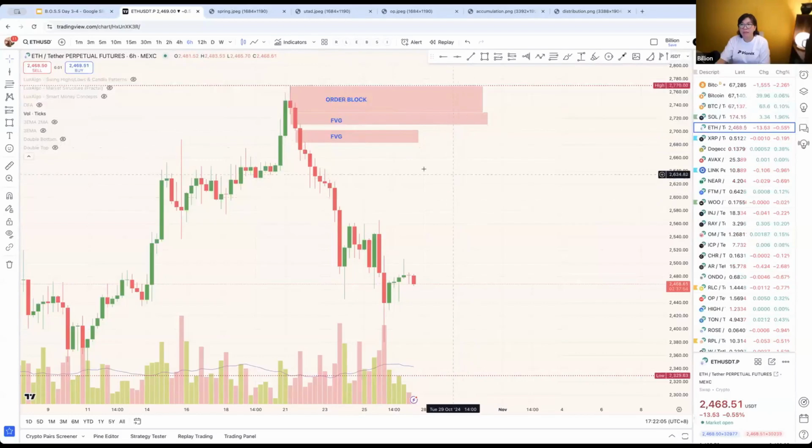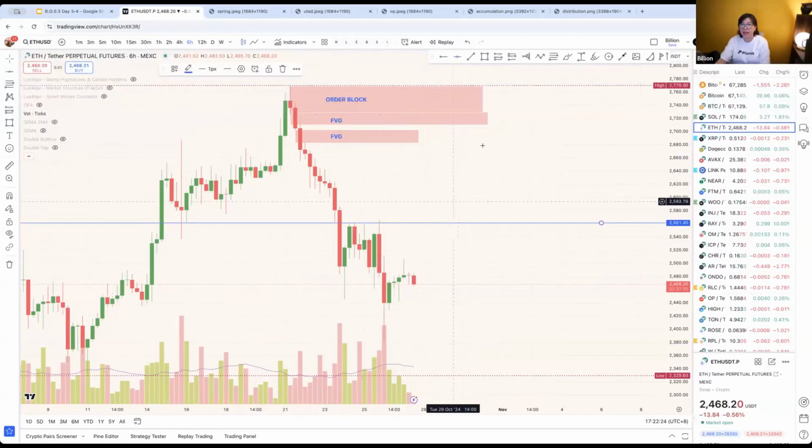And why Billion said that we're going to mark this as a, because there is a change. Okay, now you bring out your indicator and you can say there is a change of character here. I say already, change of character, break of structure, I got no issue with it.